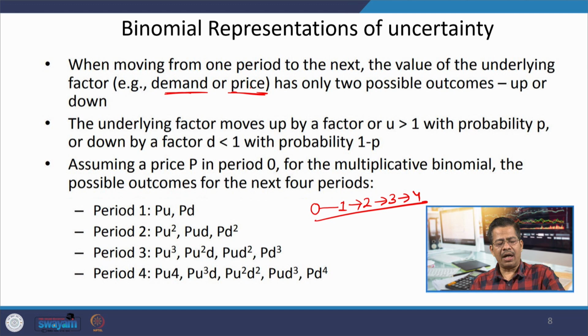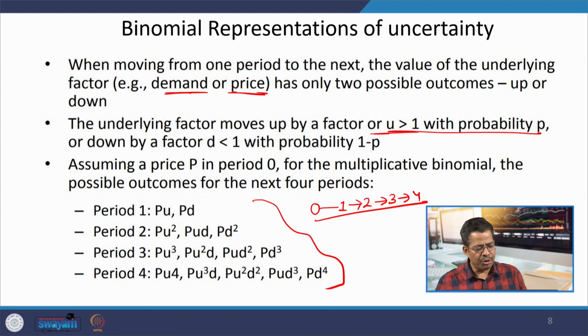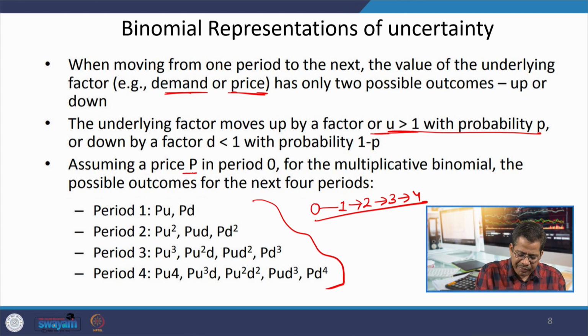Now, as we go from one period to another, that factor is either increasing or decreasing with a particular probability, and this is represented in this case using a particular probability distribution, which is known as the binomial probability distribution. So, for example, if I take only one particular factor, price p, the price at the beginning of period 1 is p.